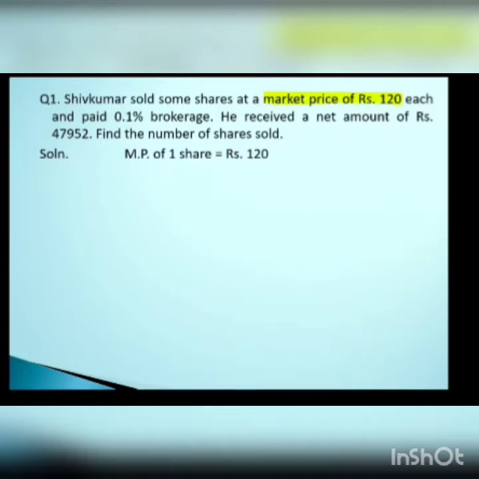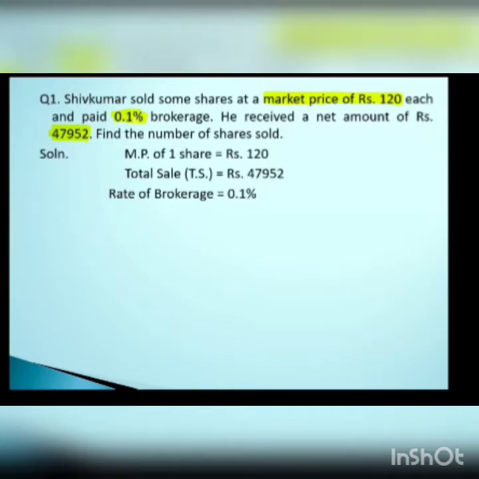After that, the total sale, how much amount he is going to get back when he sells all the shares, is nothing but rupees 47,952. That is the net amount he is going to receive, which is known as total sale. And the rate of brokerage is given to be 0.1%.